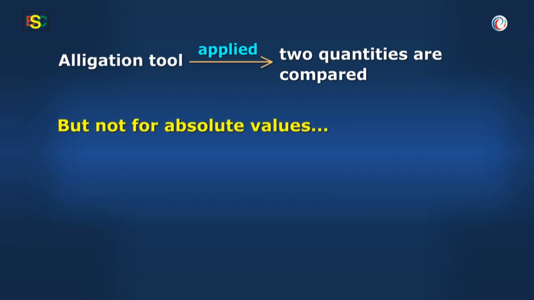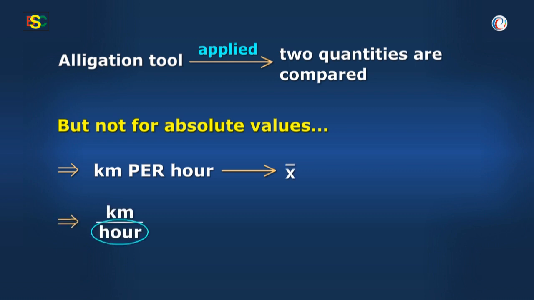And in our case, it is kilometers per hour. I repeat, kilometers per hour is the weighted mean. And since the denominator always signifies weights, time is the weight in the given illustration.